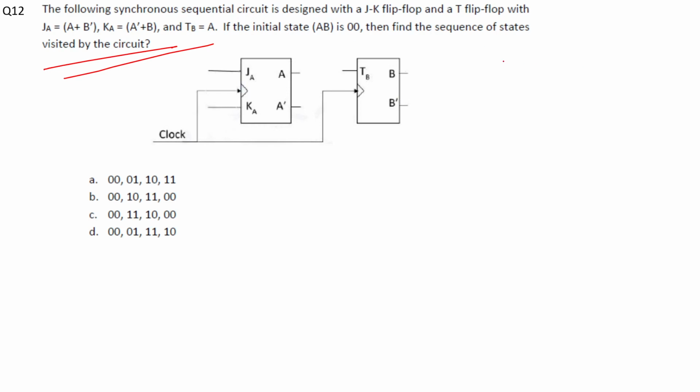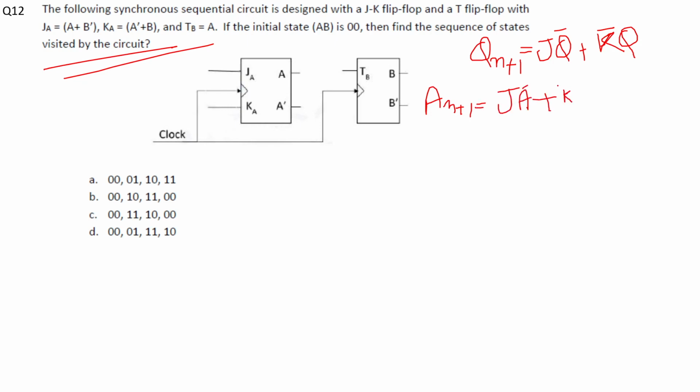For a JK flip-flop, we have this equation: Qn plus 1 is equal to J Q bar plus K bar Q. This is your characteristic equation for the JK flip-flop. Here Q is A, so An plus 1 is equal to J A bar plus K bar A. Your J is A plus B bar, and K is A bar plus B, whole bar.